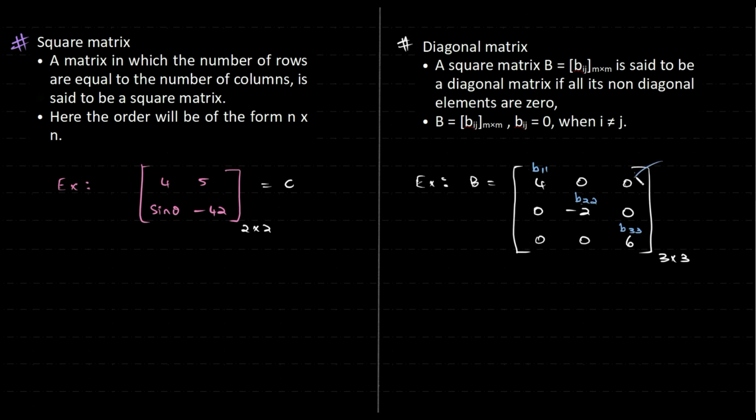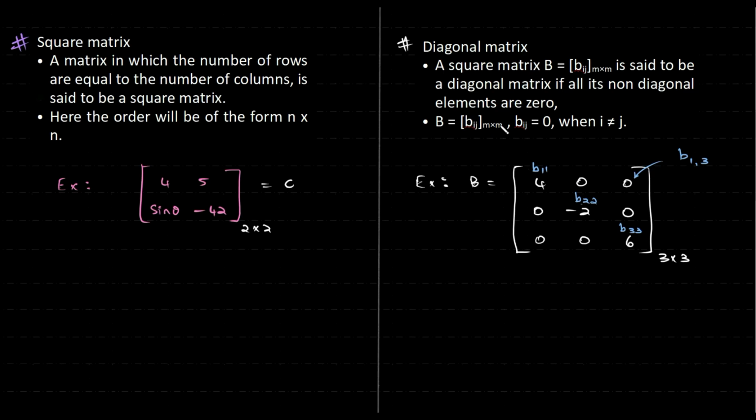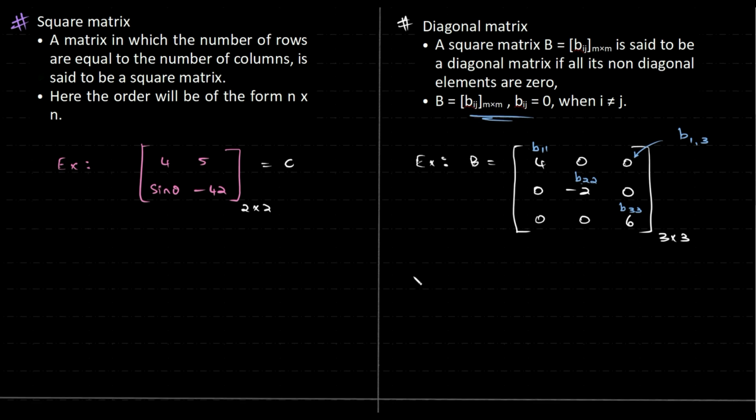For example, over here, this is B13: first row, third column. Those are 0. This is what the representation is talking about. With this particular definition in code, I'll be able to produce a diagonal matrix. All of this representation is important, and my emphasis is on this. Everything else is quite simple. It's not a hard set of definitions.